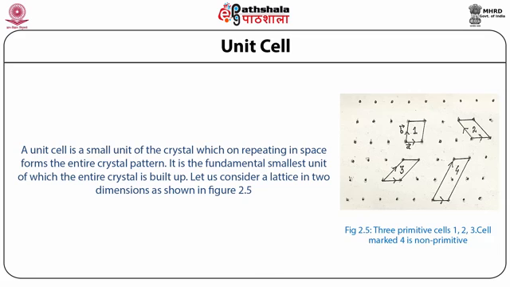Let us consider a lattice in two dimensions as shown in figure 2.5, which shows three primitive cells 1, 2, and 3. Cell marked 4 is a non-primitive one.